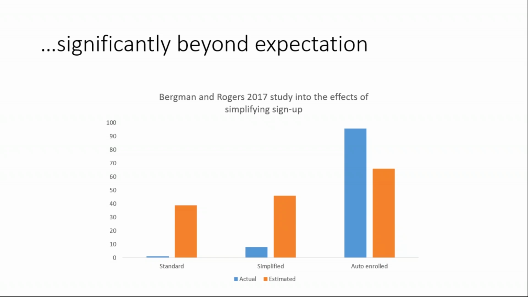Now, yes, they got the direction right. They knew that if you added in barriers, it would put people off. But they were wildly wrong in terms of the scale of the effect.